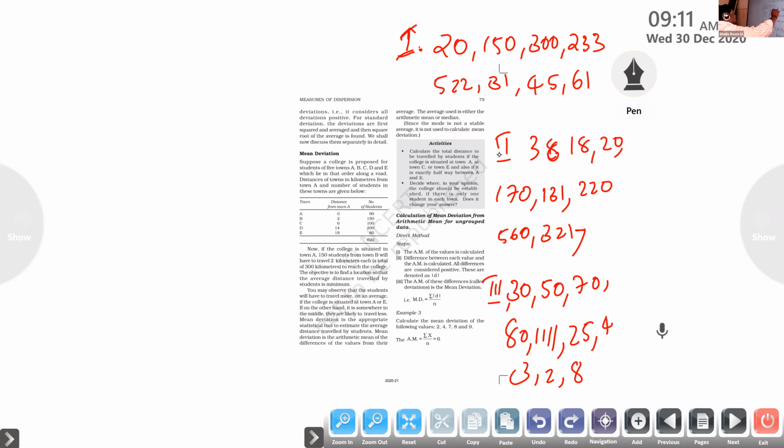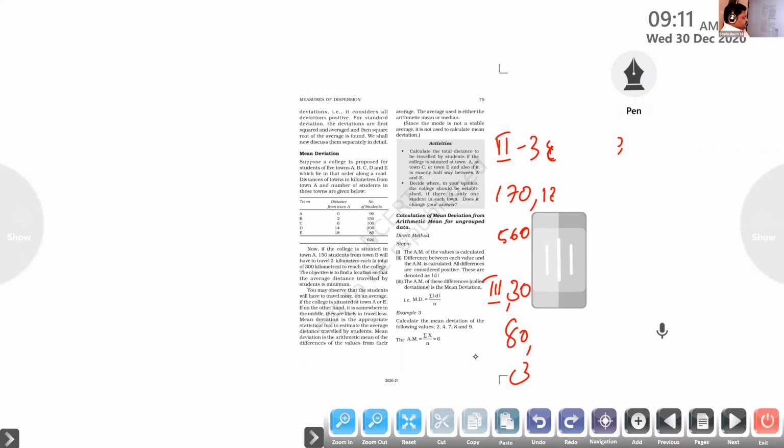Set 2: 38, 18, 20, 170, 131, 220, 560, 321. Set 3: 30, 50, 70, 80, 1111, 25, 4, 3, 2, 8. Right? Okay, so keep these equations in your mind, complete the homework and submit it.